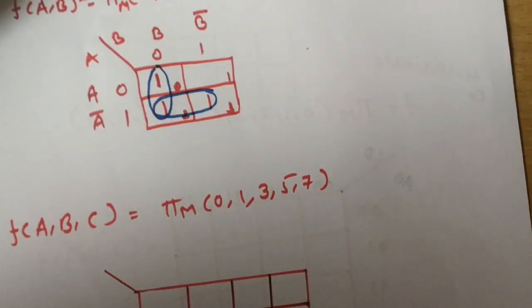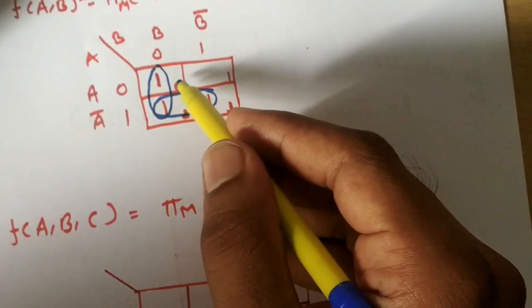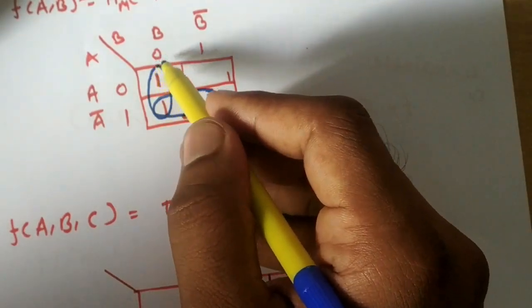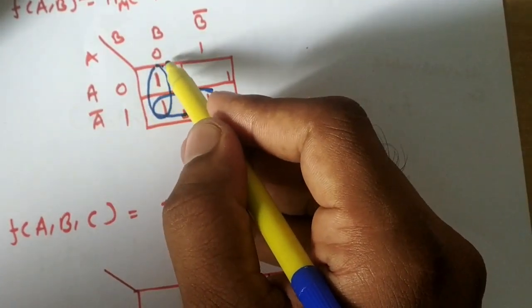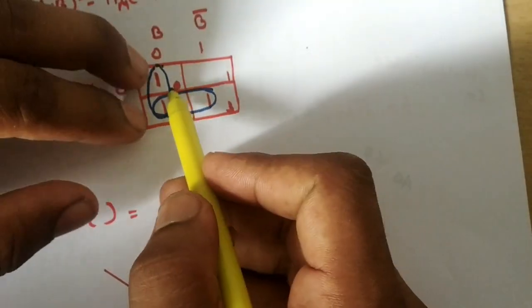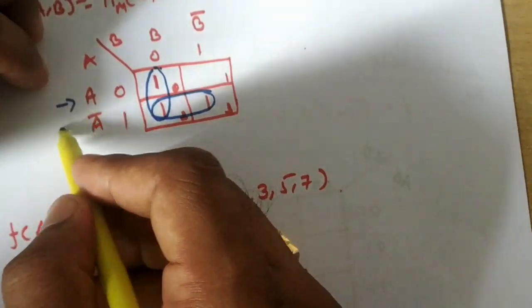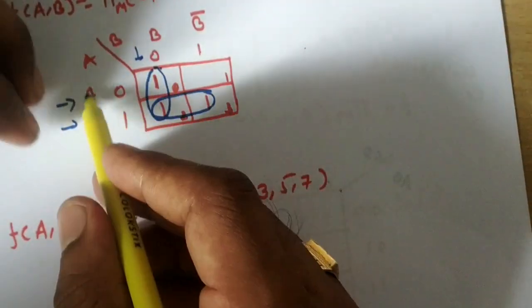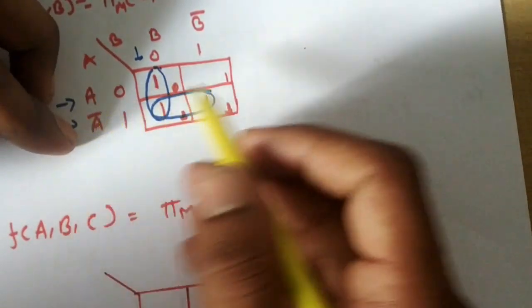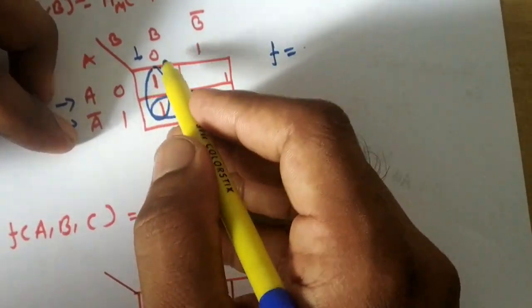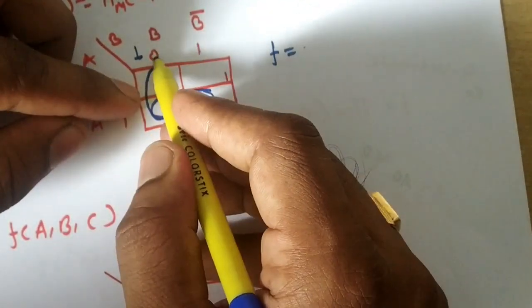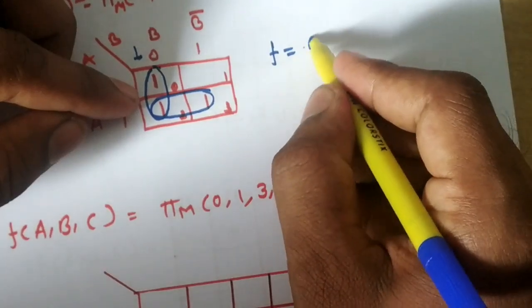If I want to write the equation for this group, how am I supposed to write it? I will check which row and which column it is associated with. In these two rows nothing is common, so in our equation we need to consider this column only, and that is B. So we'll write B here.